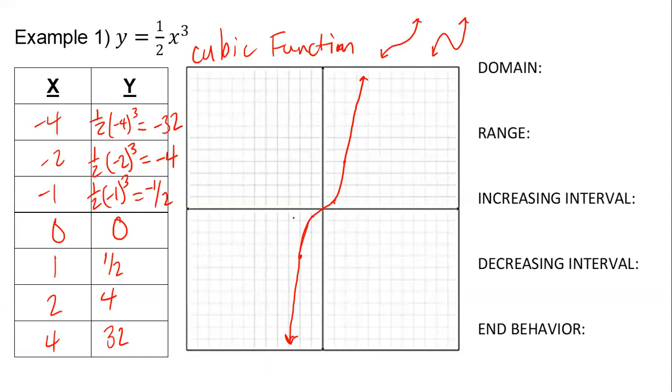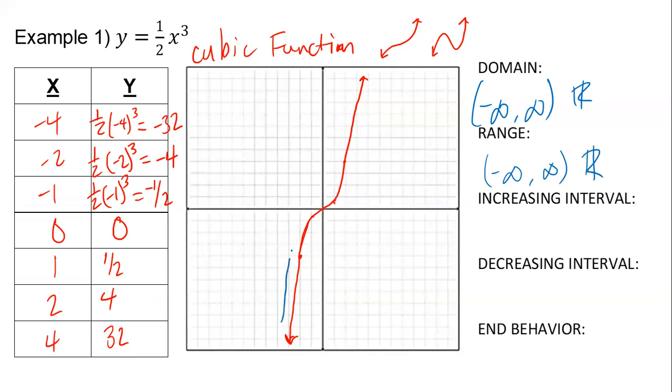So analyzing this graph, my domain. What's the domain of this graph? It's all real numbers, right? It goes on forever. It goes on from negative infinity to positive infinity. What's the range of my graph? Same thing. Goes on forever. From negative infinity to positive infinity. All real numbers. My increasing interval.